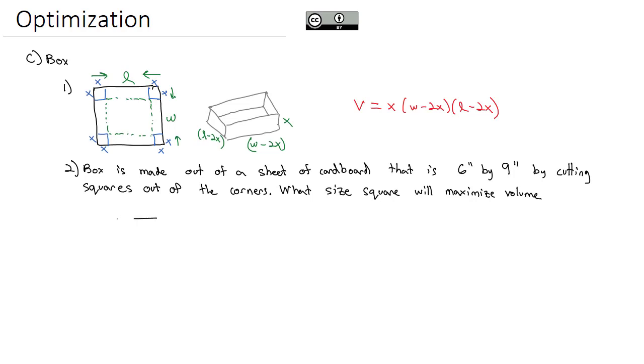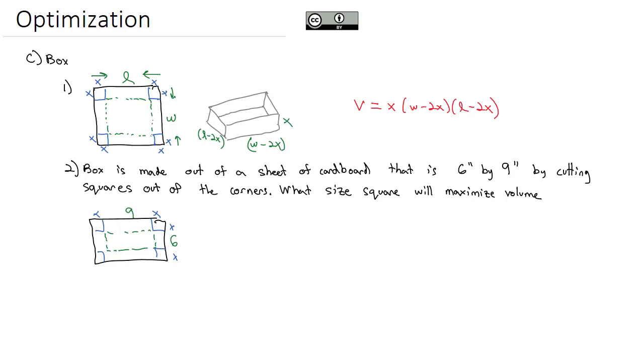So just like our picture above, we've got a rectangular sheet of cardboard. We're going to be cutting squares out of the corners. Then we're going to fold up on the dotted lines to make our box. The dimensions of this box were 9 by 6 before we cut out an x from each side of the 6, and we cut out an x from each side of the 9.